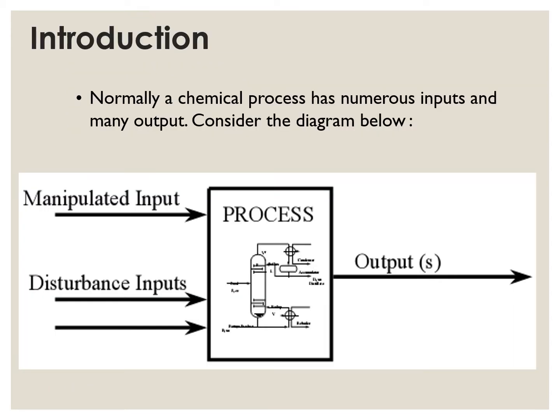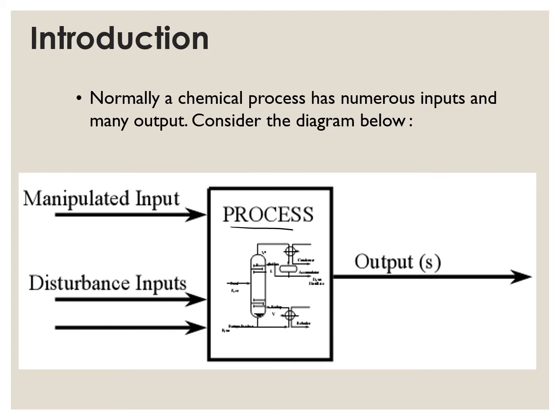Okay, as per the introduction, in a chemical process we have numerous inputs and numerous outputs. This diagram shows that this process is a separation process. In the separation process itself we have a few inputs. The inputs can be the flow rate of component A, component B, component C, the feed, the water feed, the mixture feed.